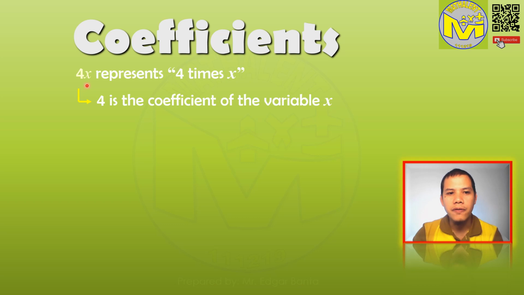So what is a coefficient? Good question. Coefficients are the numbers, usually numbers before a variable in a term. Okay, this is one term, 4x. 4 is the coefficient. x is the variable.